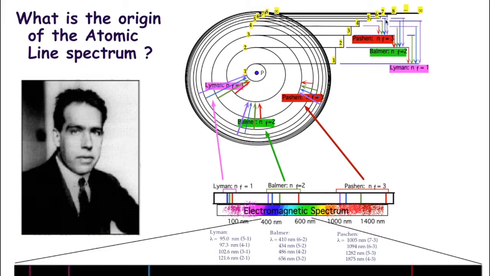So I hope you have a better understanding of how the atomic line spectrum arises. It arises because the electrons need to relax back down to the ground state, and they take different paths. Each path represents a specific wavelength of light, a specific color.